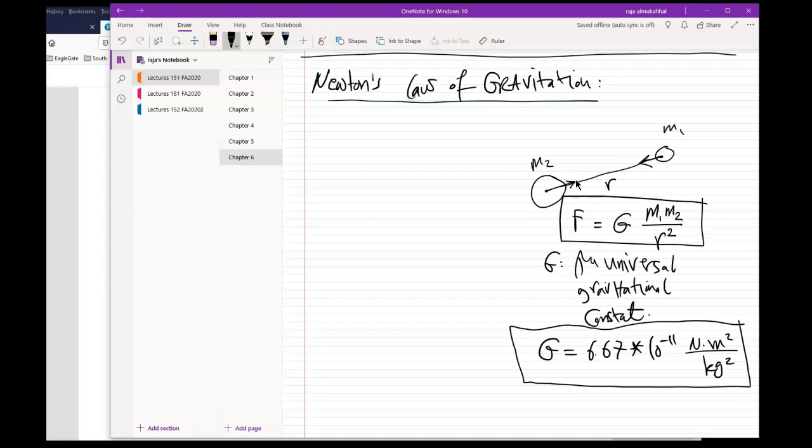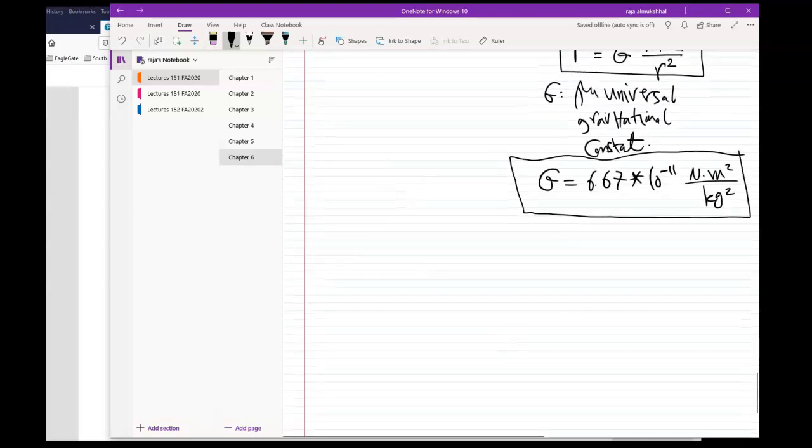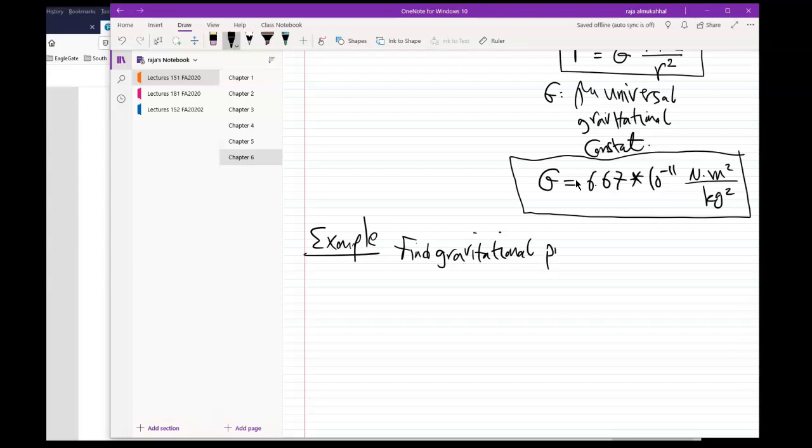Let's say I want to, this is just my own example, right? Let's say find gravitational pull. Or when I say pull, I mean force, okay?